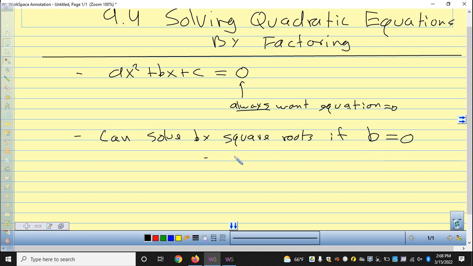So then our equation looks like ax squared plus c equals 0. When our equation looks like this, ax squared plus c, that's when we can solve by square roots, when we don't have this bx part. But we start with our equation equaling 0, and then we get x squared by itself.